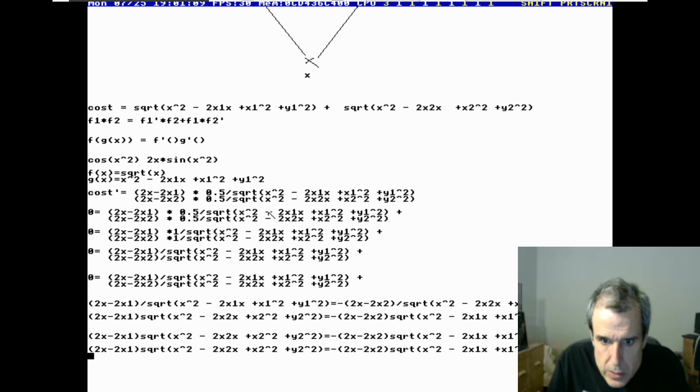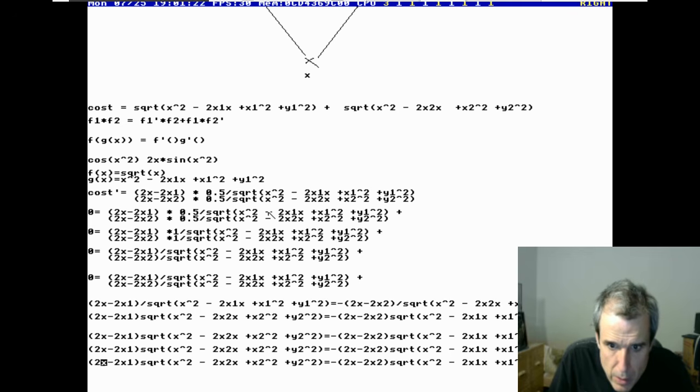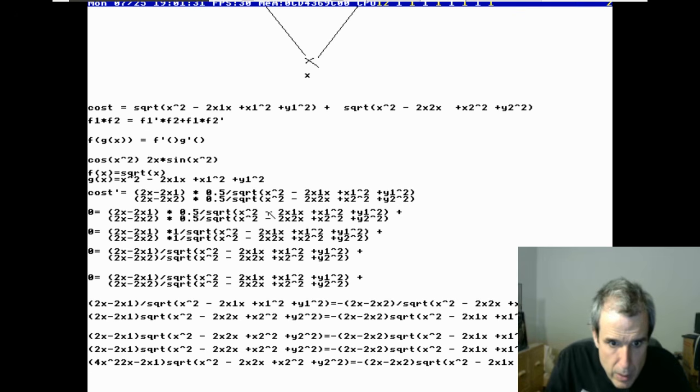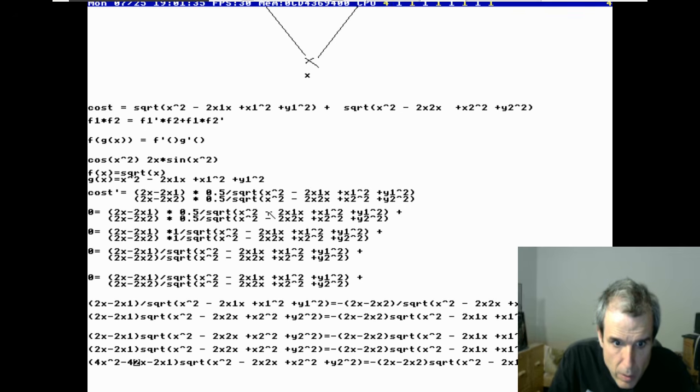Okay, so they're equal quantities, so if we multiply, yes, we can square both sides. Okay, so 4x squared minus 4 minus 8x.